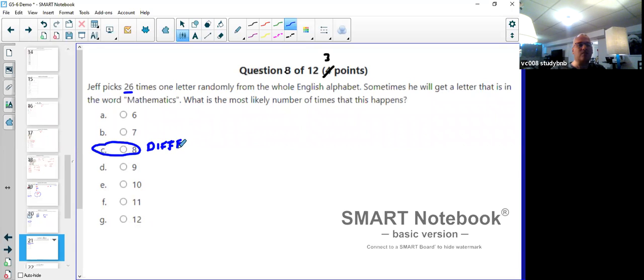But probability is based on like infinite number of trials. If you picked out 26 letters, yeah, there's 2 M's, right? There's 2 A's and there's 2 T's. And so we only have 8 different letters. So 8 different, that's the most likely.